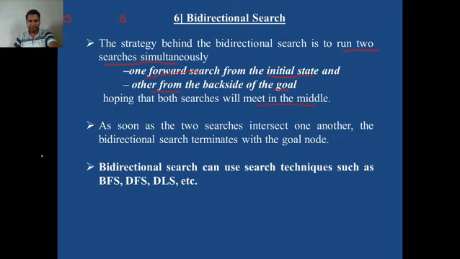Bidirectional search can use any search technique such as BFS, DFS, DLS, any. That means it is not a novel technique, it is the same, but the difference is that two simultaneous searches go on, one forward search and one backward search.